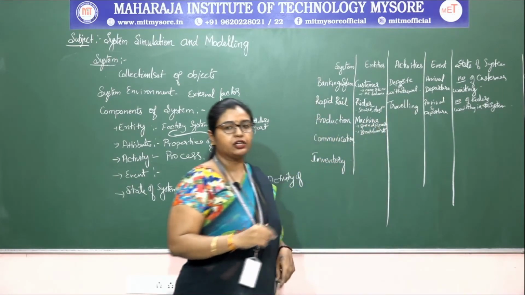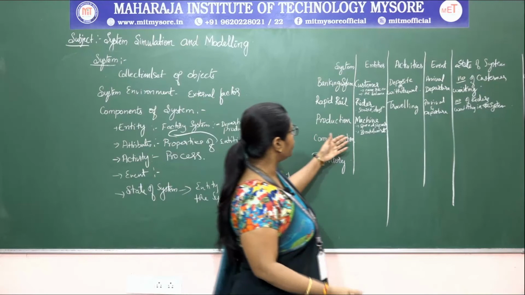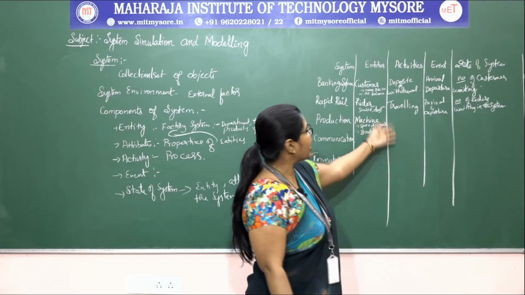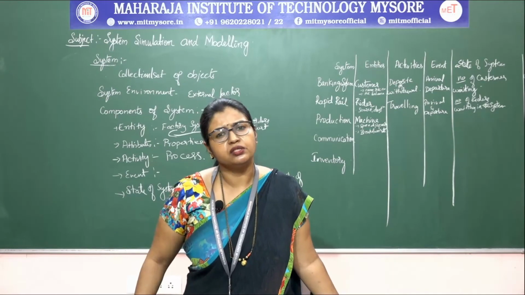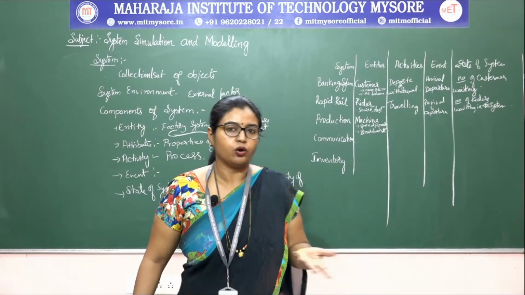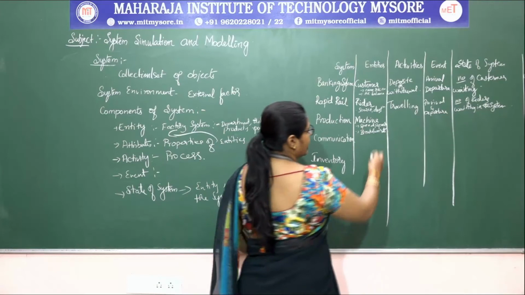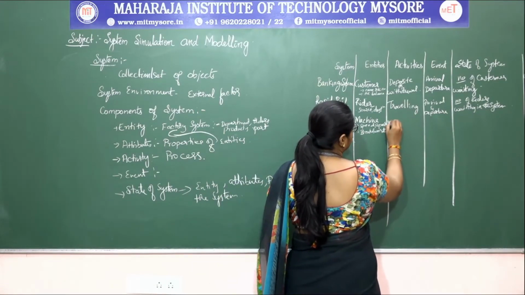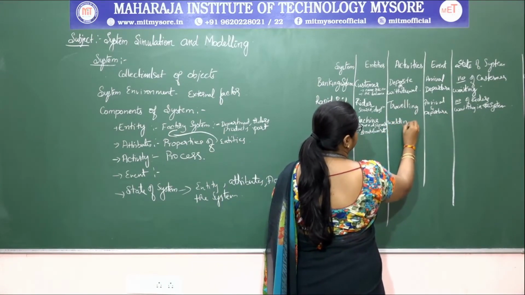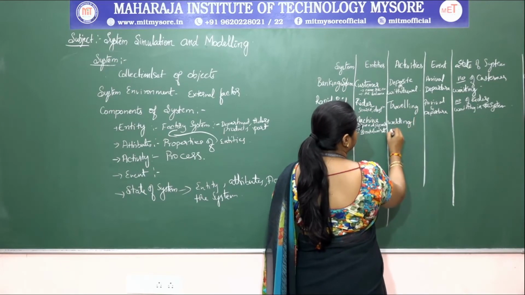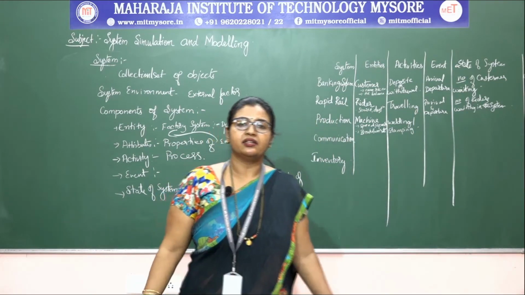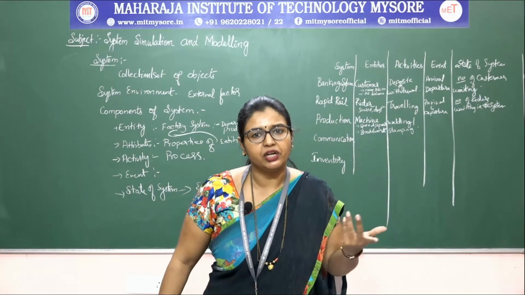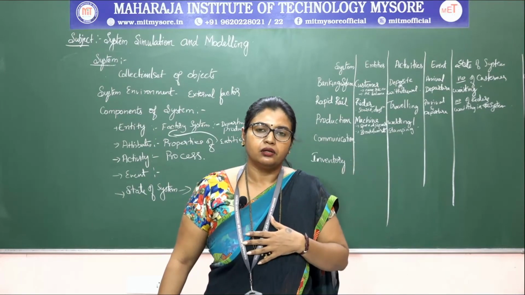So what will be the activity of this machine? What are we going to do with this machine? Welding and all, right? Welding or stamping, etc. Based on what the machine actually does, you can select it.